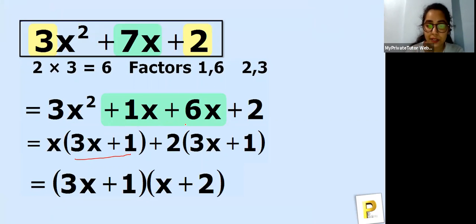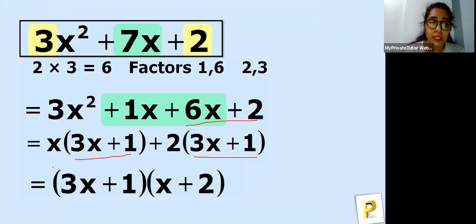Now let's check for this term. What is common? 2, right? Like 2 is present in this also and this also. So 2 is common, and then 2 into 3x is 6x and 2 into 1 is 2. Okay. So the main motive we had is to have this and this bracket exactly the same, right?